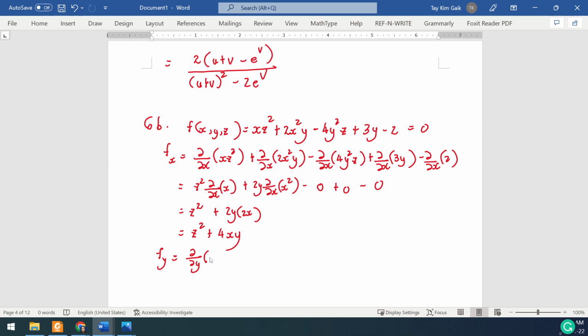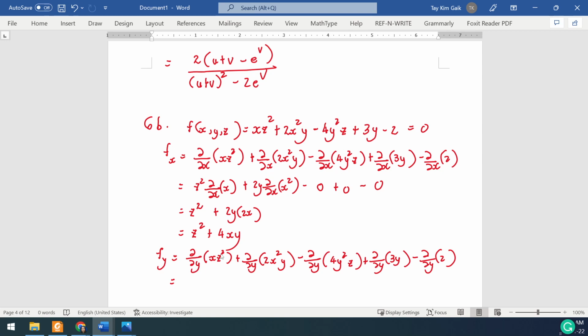So you del y of xz squared, I write down first, plus del y of 2x squared y, minus del y of 4y squared z, plus del y of 3y, minus del y of 2. With del y, x and z are constant, so you differentiate constants.